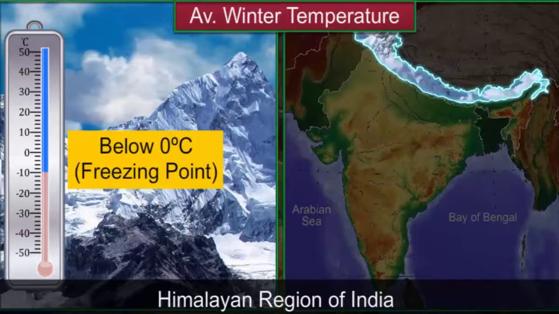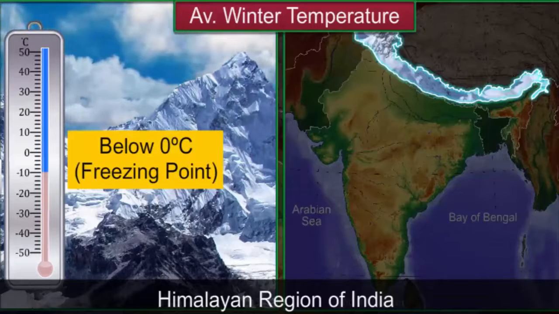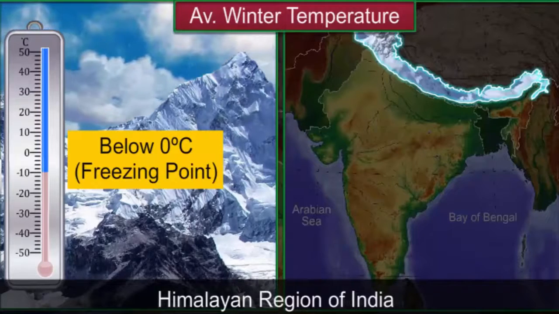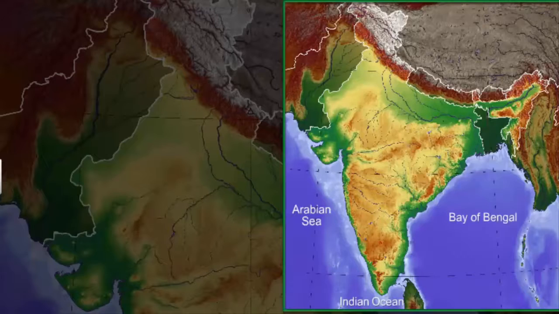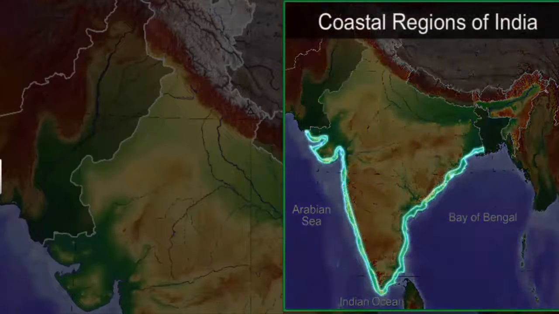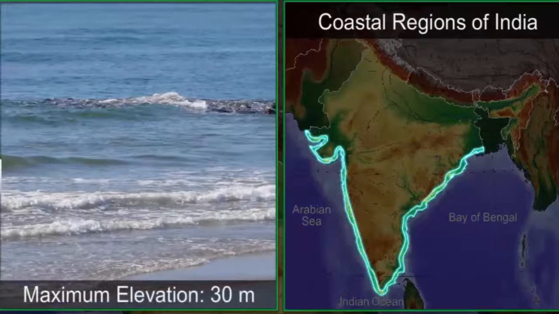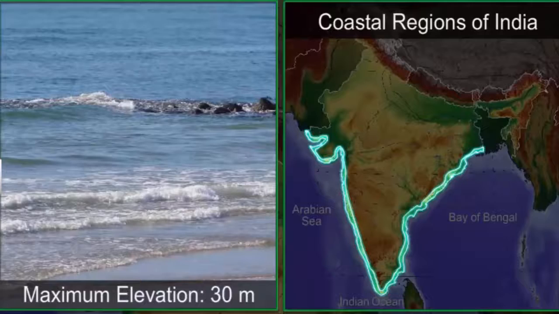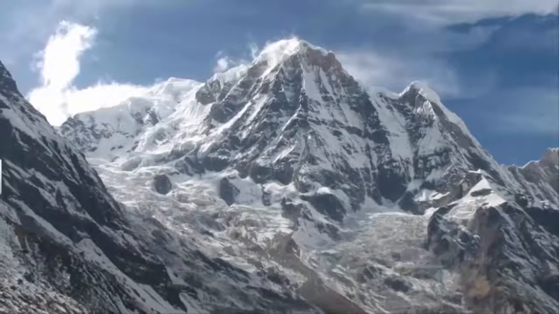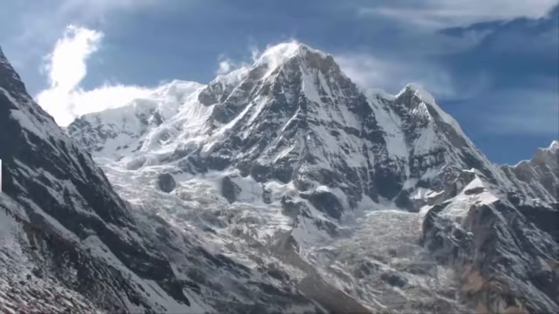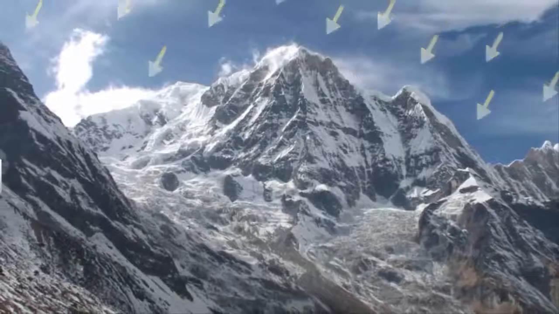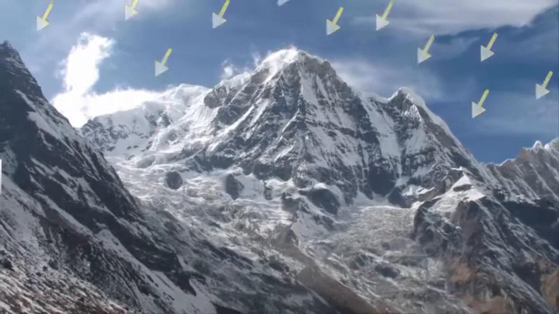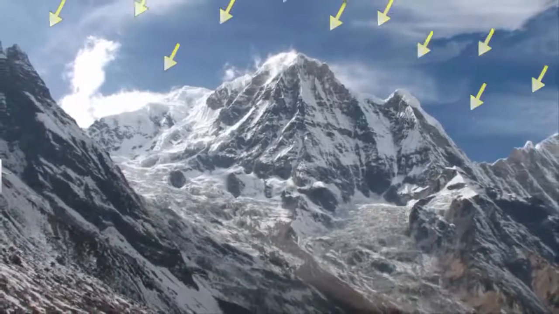India also has a vast coastal area where the maximum elevation is about 30 meters. The Himalayas prevent the cold winds from Central Asia from entering the subcontinent.